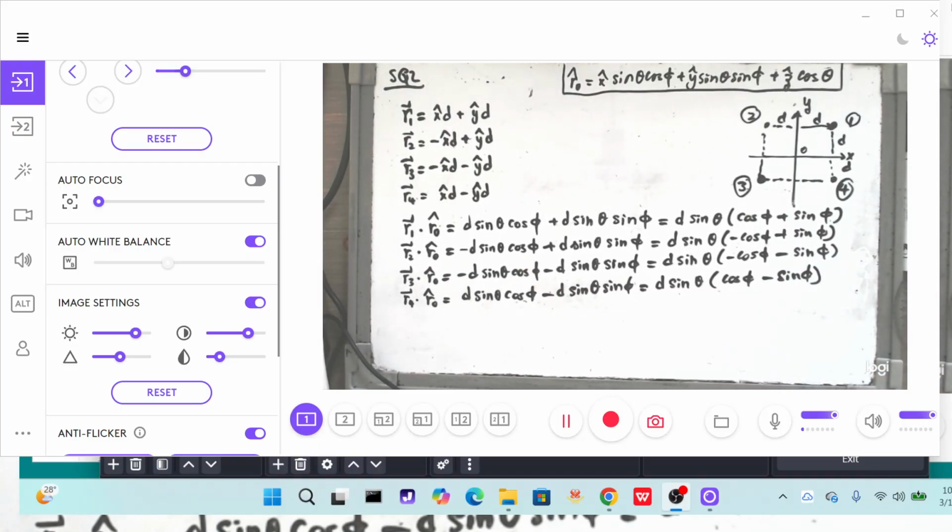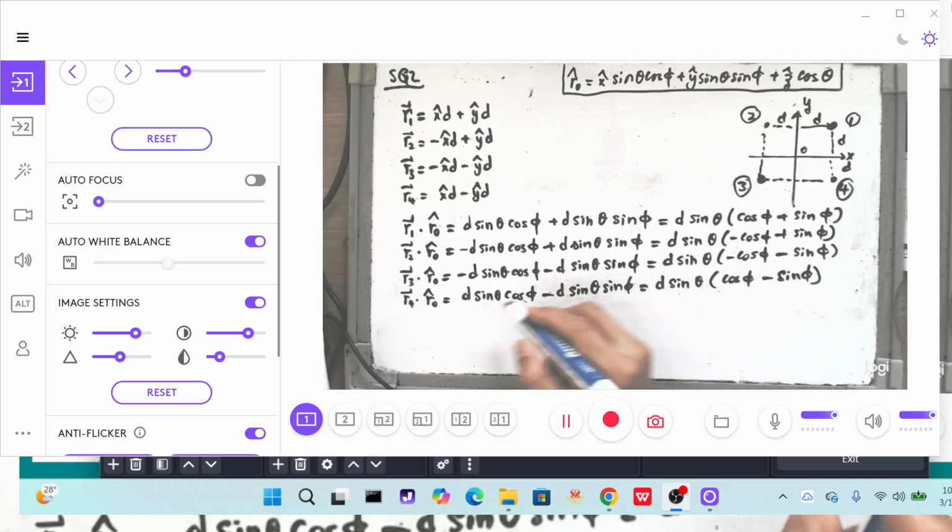So we are almost there. Now what we are trying to do is to reconstruct the total electric field in the direction of propagation.